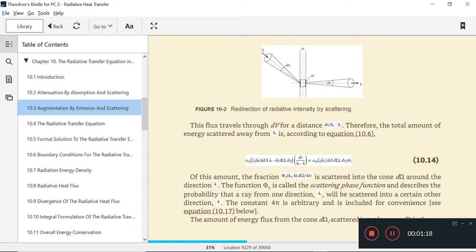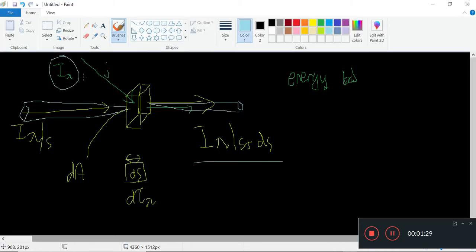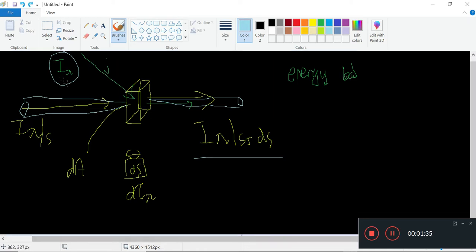So let's first consider what radiation is coming through this via this direction j. Okay, so let's zoom in. I'm going to clear up some things.